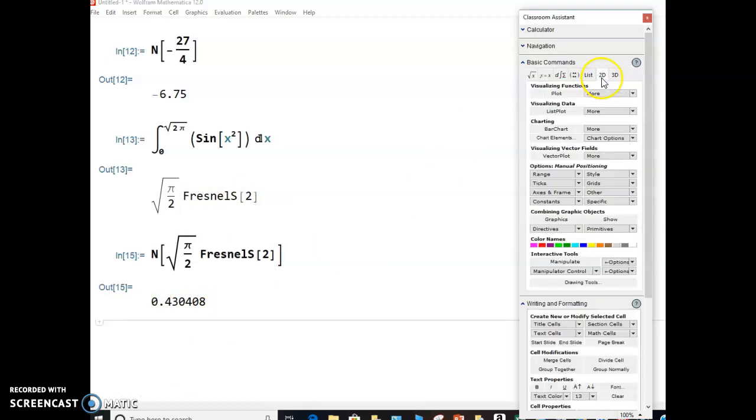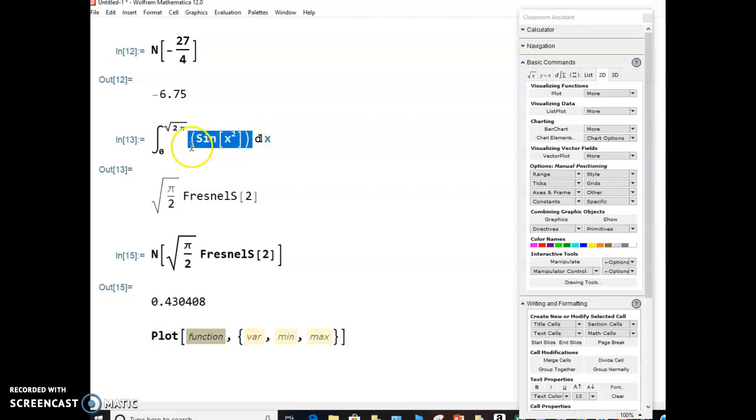Let's also plot this. Let's see if we can plot this function. Again, I'm just going to grab this function and copy and paste it in here. And we want it to go from 0 to radical 2 pi.